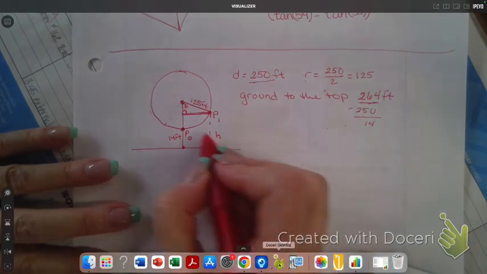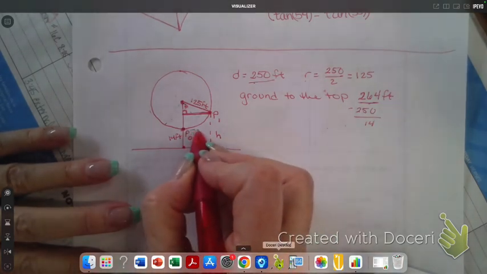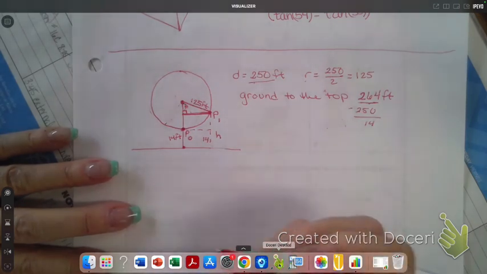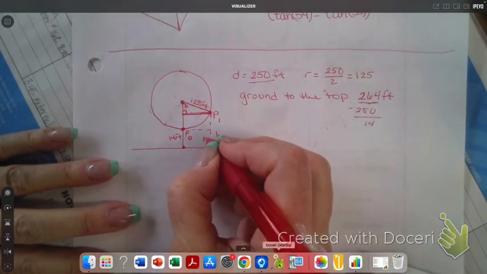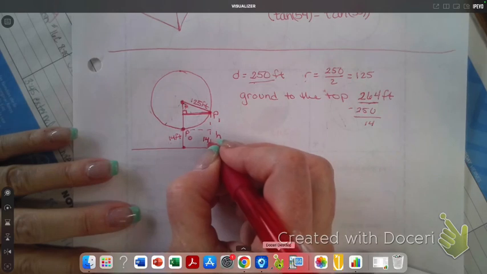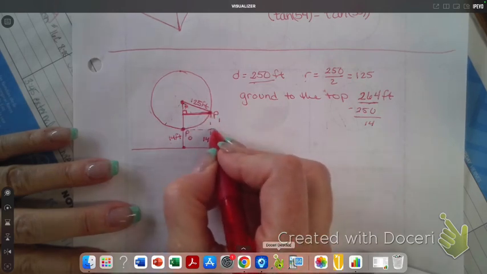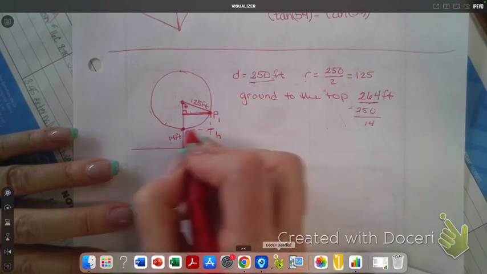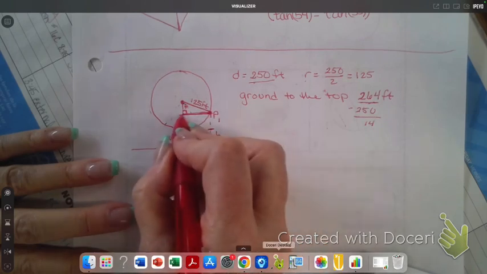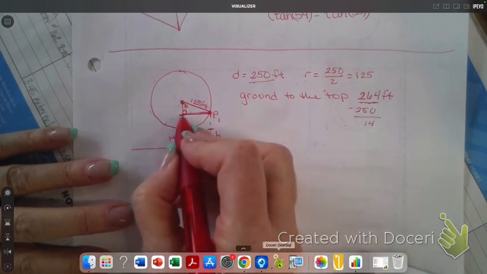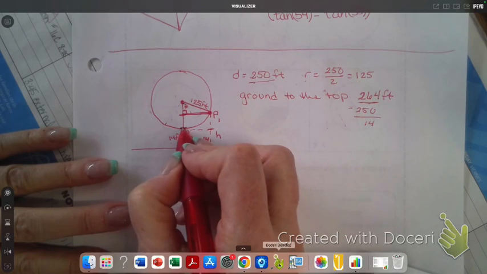Okay, so that means we have how much of the height? See how that 14 feet can go from here to here? So all we need to know is this much, and where can we find that? Is it the radius? Well, this is part of the radius, right?